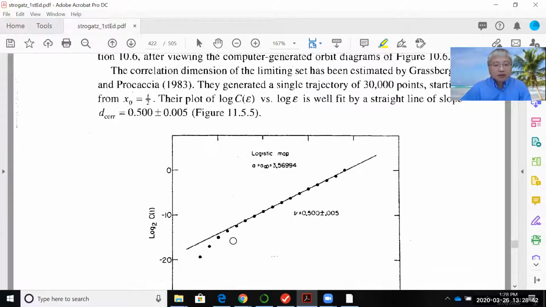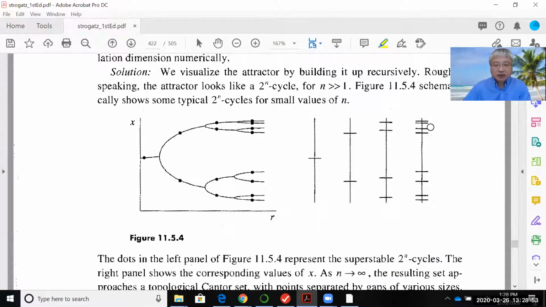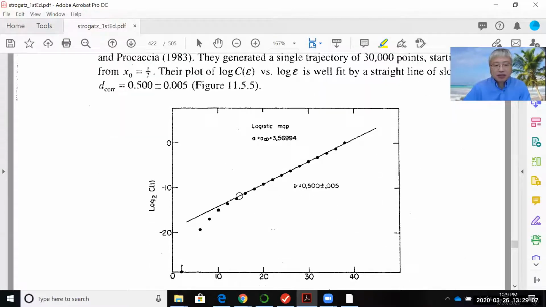So there's a region over here where you get 0.5. The logistic map is kind of like a Cantor set. Remember, a Cantor set has a fractional dimension but lives in 1 dimension. So you can appreciate this looks like a Cantor set, and you get a correlation dimension of 0.5.